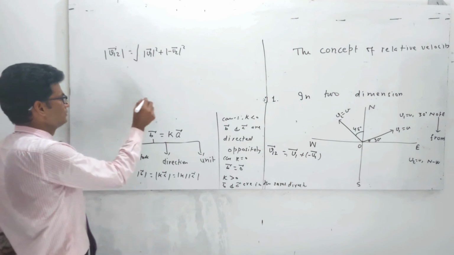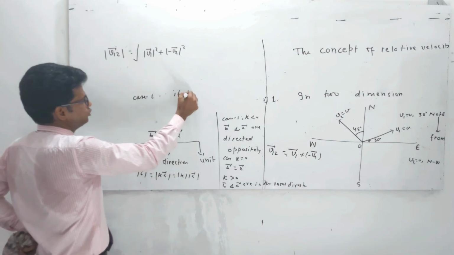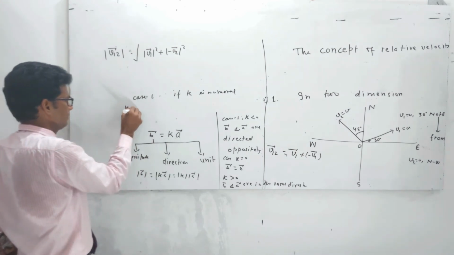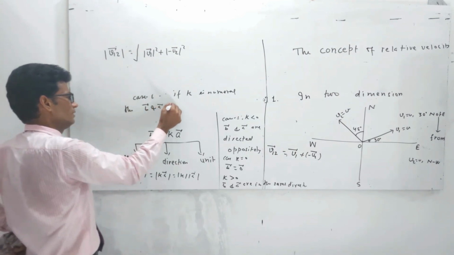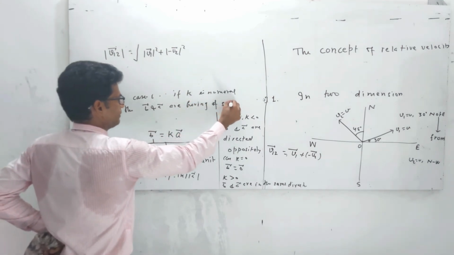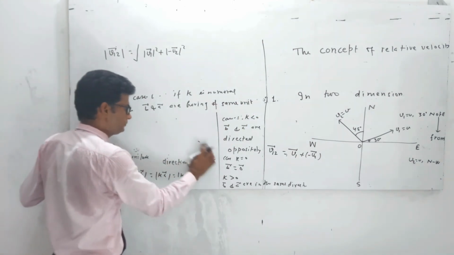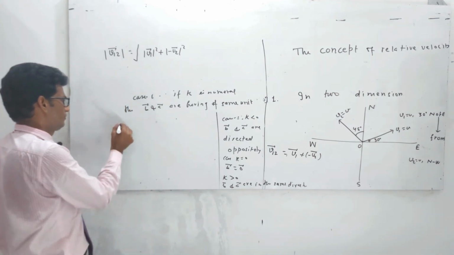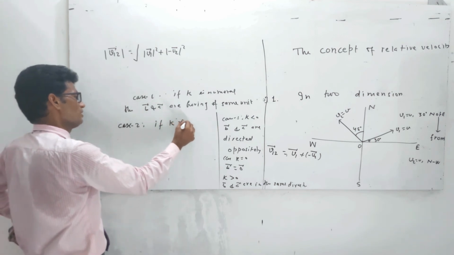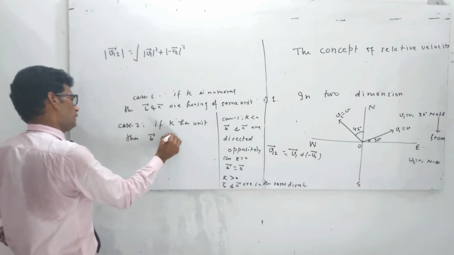What about unit? Case 1, if k is a numeral, then B and A have the same unit. Case 2, if k has a unit, then B and A differ in unit.